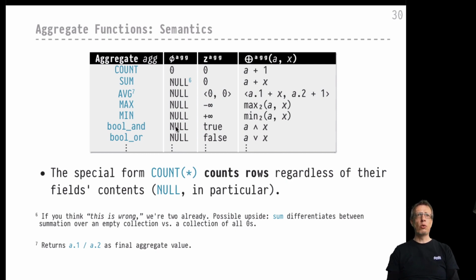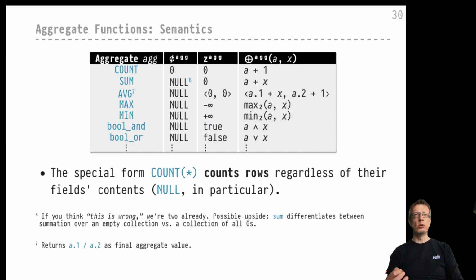So even this count here would disregard null values or not count them. A count star really counts rows, completely disregarding any row contents, whether a row contains nulls in particular fields. Count star does not care.